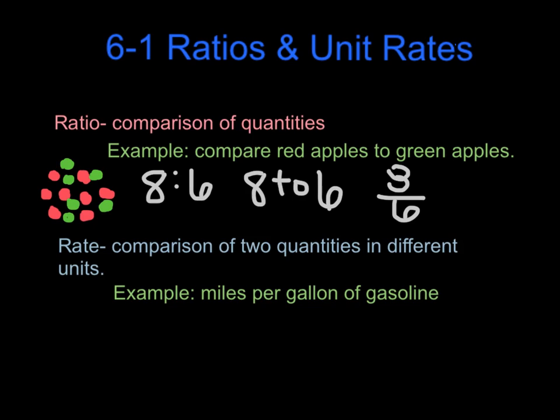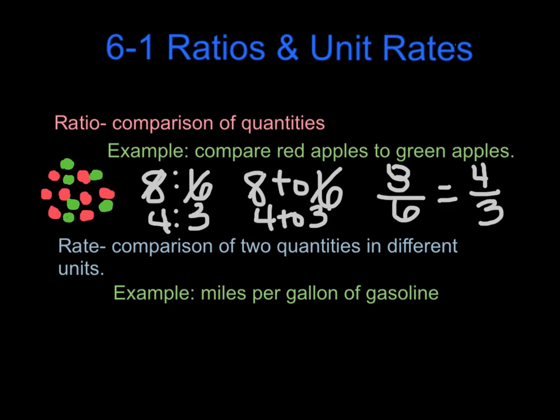So that would be 8:6 or 8/6. And then of course, whenever you have something written like this, you would want to simplify it. So this is actually a ratio of 4:3, which means that you can actually simplify these over here as well, even though they are not written as fractions, but you can still simplify those.